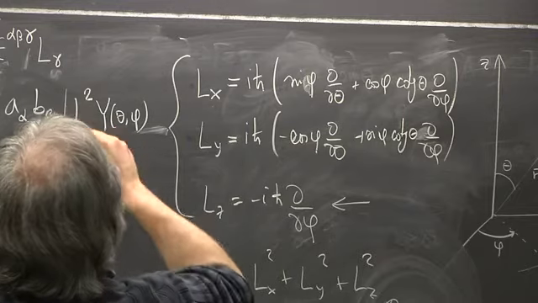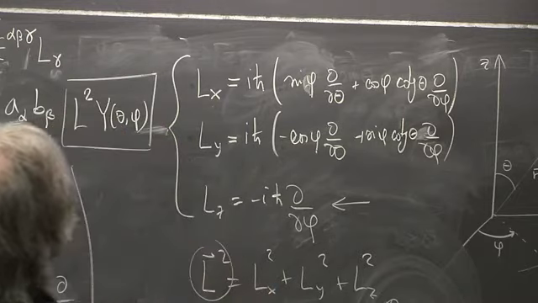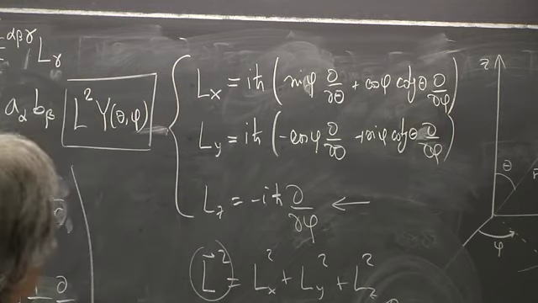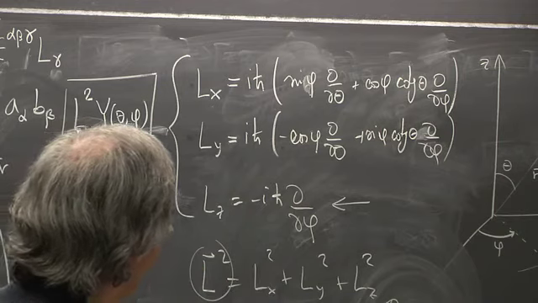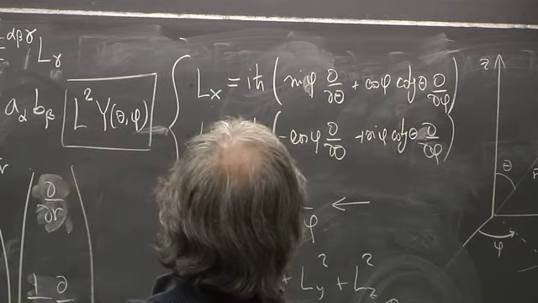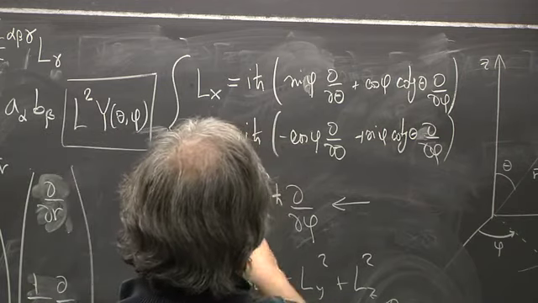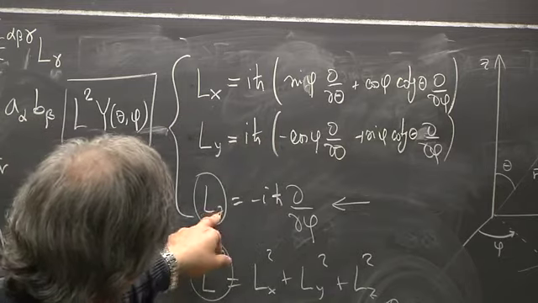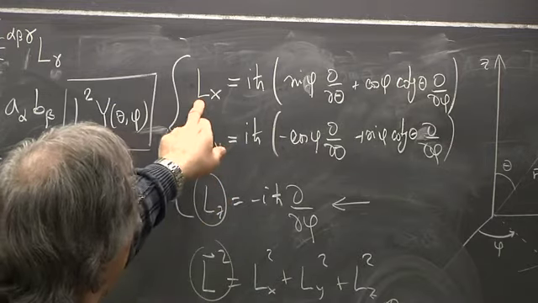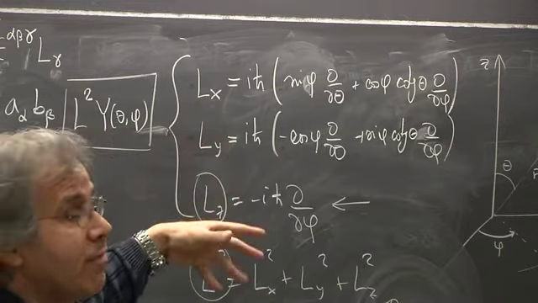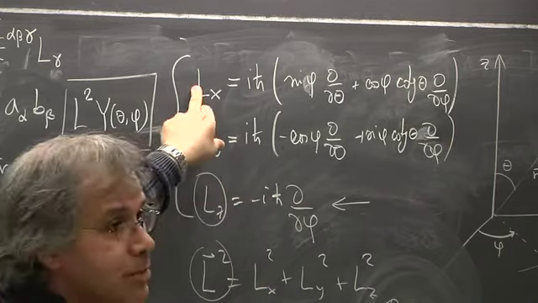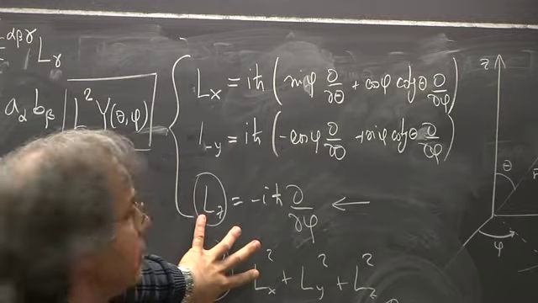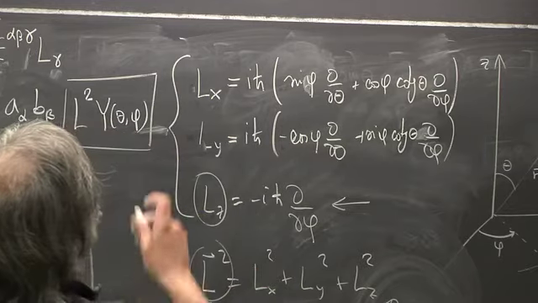You already have encountered this in the first course on quantum mechanics. These are the spherical harmonics, okay? So L square and, for instance, Lz commute. So you can take these two to be a pair of commuting operators. Lz doesn't commute with Ly and Lx, so you cannot construct common eigenfunctions to all four things, but you can construct common eigenfunctions to L square and Lz, for instance, and these are the so-called spherical harmonics.